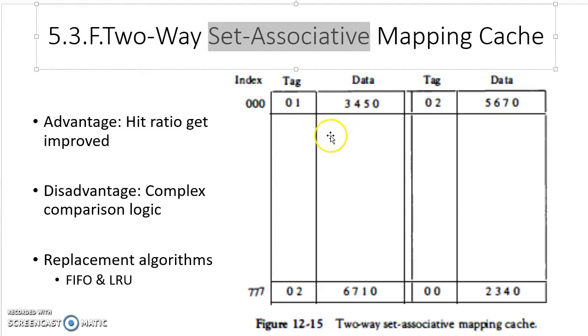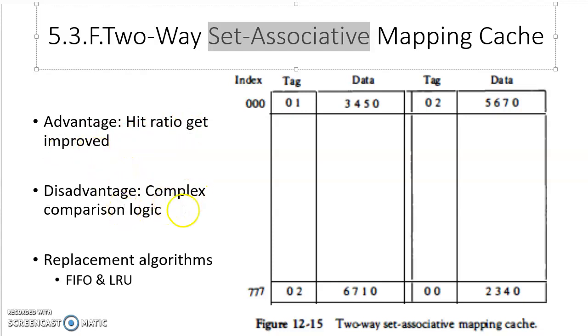But here, if you want to store the same line from 2 pages, then it is easily possible. Look at here, this is the 000 first line of page number 1 and page number 2. This is the data. So you can store the data of the same line of different pages in this two-way set associative mapping cache. Because of this your hit ratio will get improved.